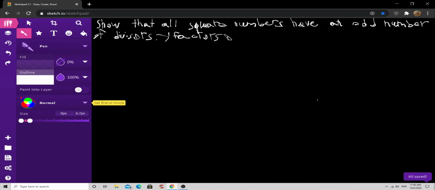So we're going to be using one important tool today, and here's our tool. For any positive integer n, n can be expressed as a product of its prime factors.